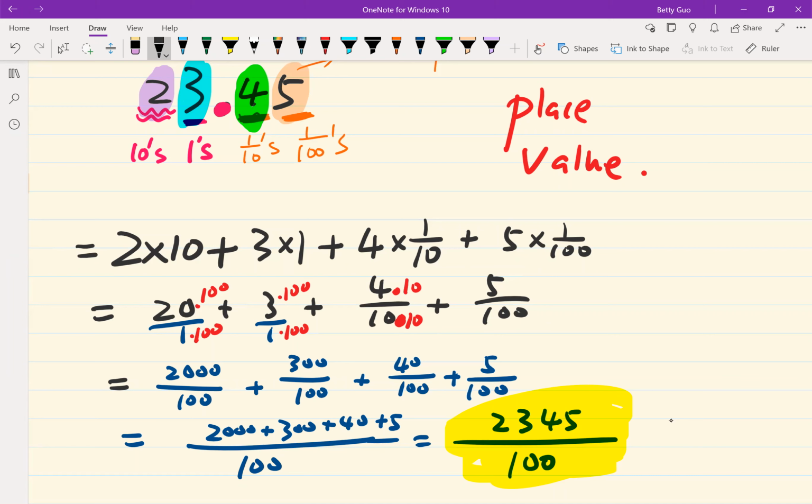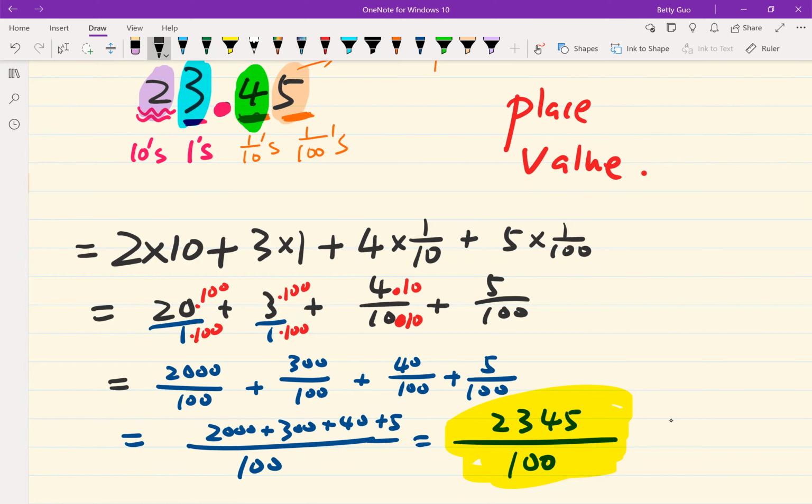And the other way around, if you divide 2345 by 100, you will have 23.45. So if you divide a number by 100, that is equivalent to moving the decimal point to the left 2 times. Does that ring a bell?